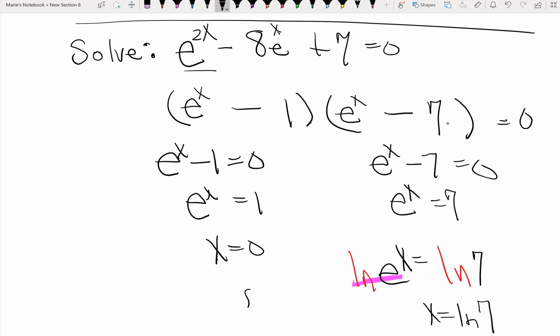Two solutions for you are 0 and natural log 7. All right, and then if you throw this in your calculator, the natural log of 7 should be close to 1.95.